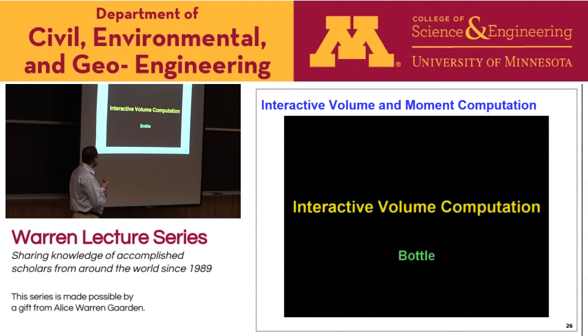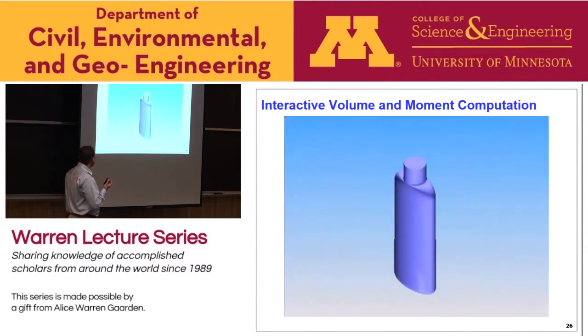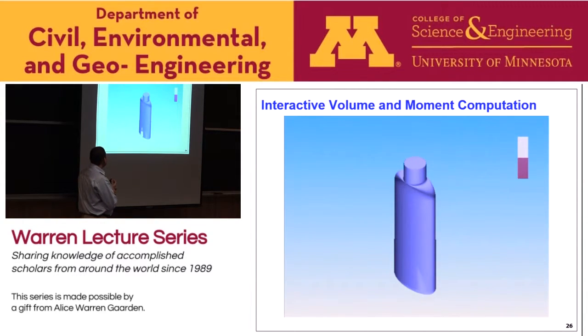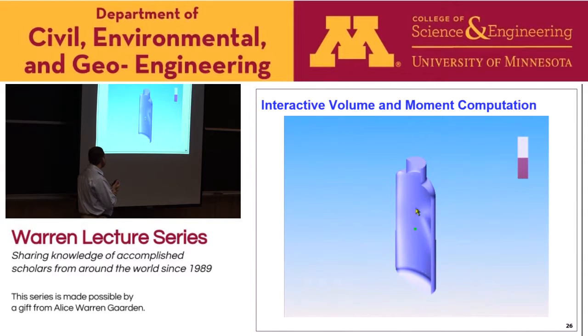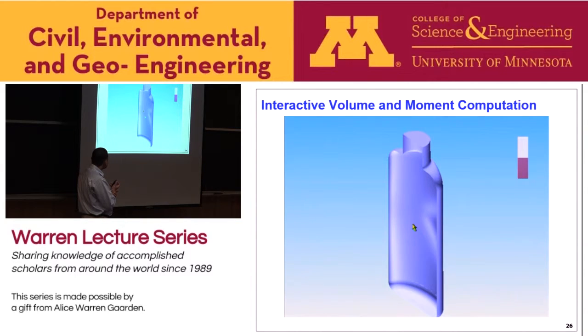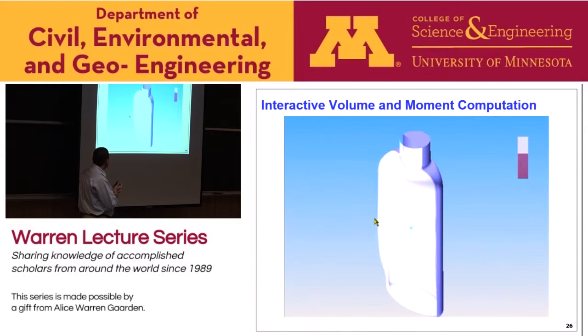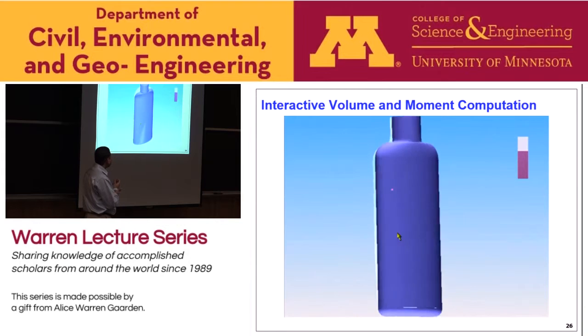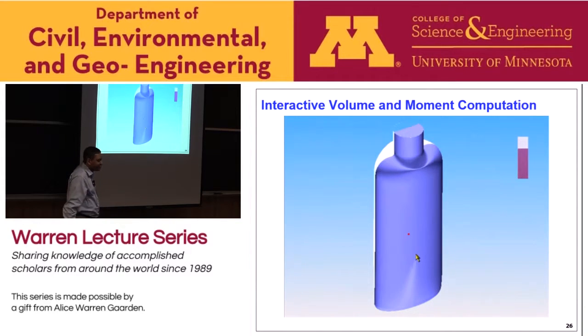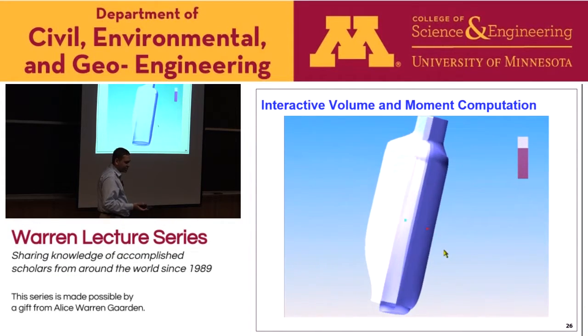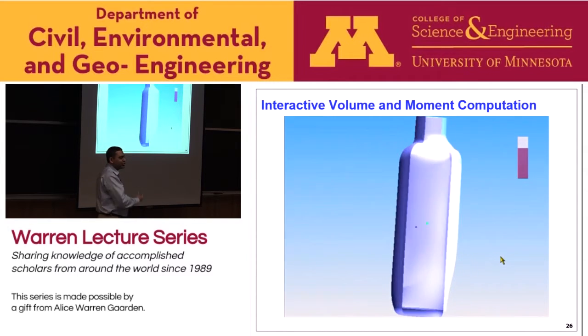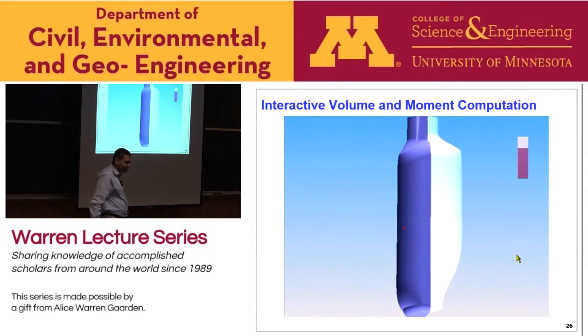What we can do is interactively compute the volume of this bottle by moving different points on the control mesh, or actually points on the surface. So as you can see, as the user moves the surface, you can see the volume and the center of mass interactively changing, which was not possible previously because it took a long time to compute these volumes and centers of mass.